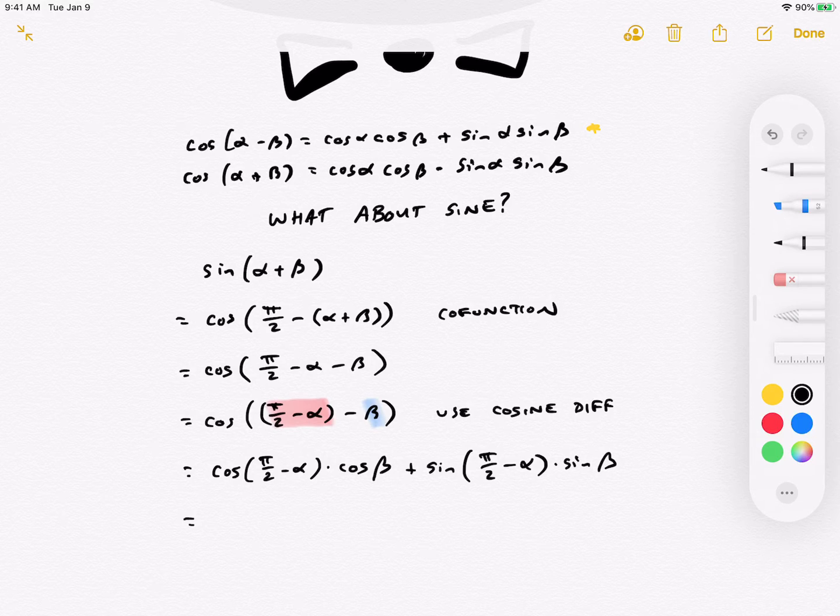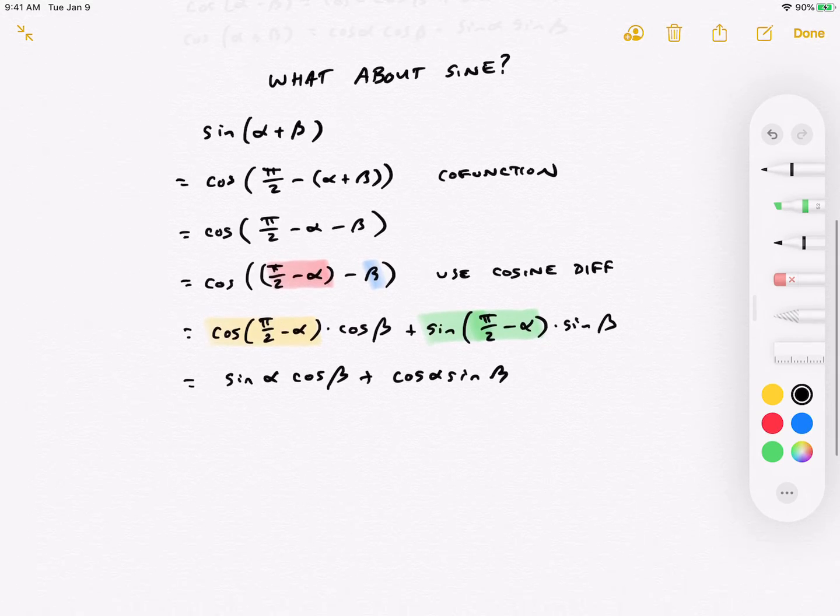And that's great. And what I can do now is I can use these cofunction identities again, because I see right here a cosine of pi over 2 minus alpha, and I know that that is the same as sine of alpha, cosine of beta. And then I see right over here a sine of pi over 2 minus alpha, and I know that that is the same as cosine of alpha, sine of beta.